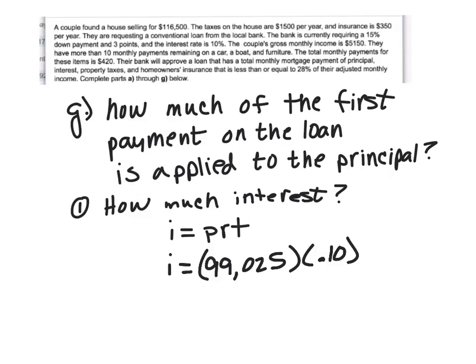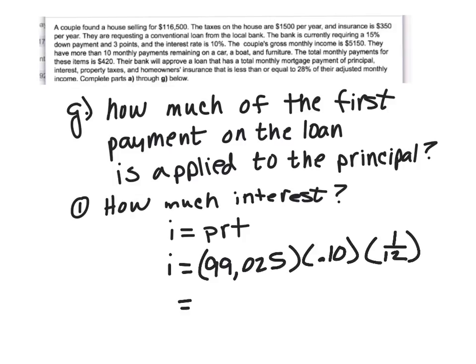And remember that the T for time is actually in years. Because we're just trying to figure out for 1 month, because we're talking about the first monthly payment, in terms of years, that's going to be 1 out of 12, because it's only 1 month out of the 12 months. T represents the amount of time in years, and 1 month is 1/12 of a year.